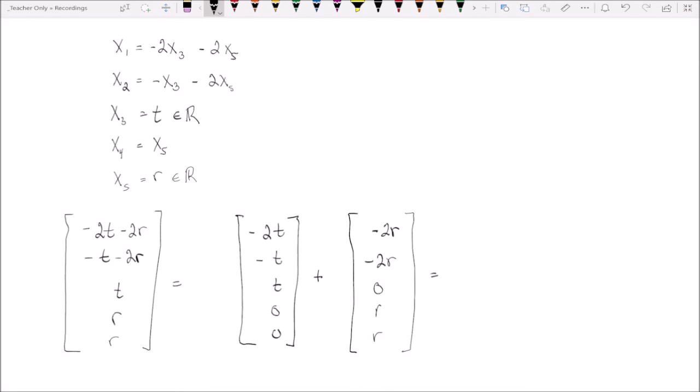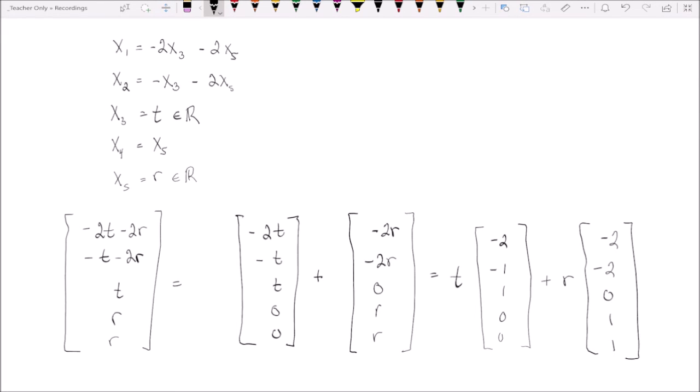We can factor out that t, and we're left with negative 2, negative 1, 1, 0, 0, plus, we can factor out that r, and we're left with negative 2, 0, 1, 1.